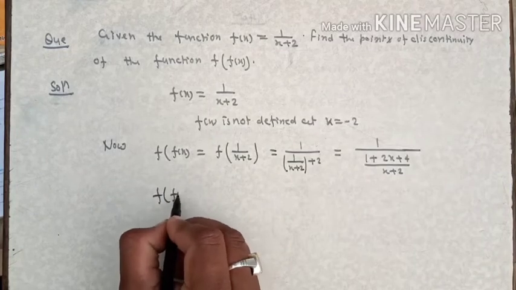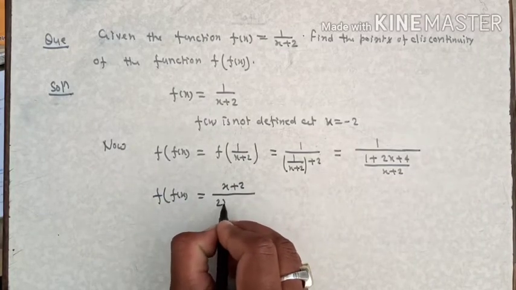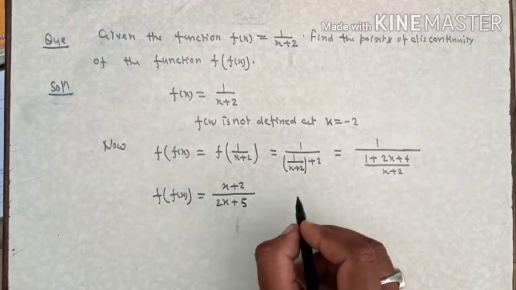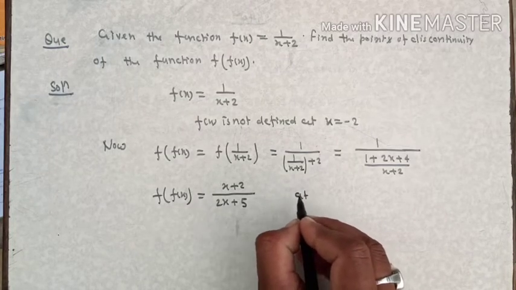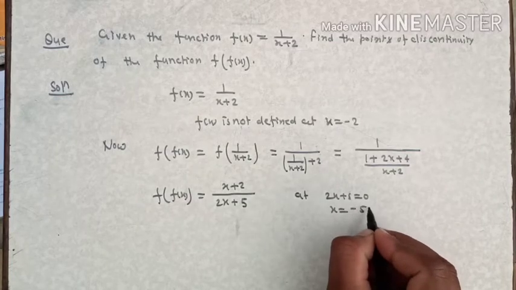So f(f(x)) equals (x + 2)/(2x + 5). So here this function is not defined at 2x + 5 = 0, which means x = -5/2.